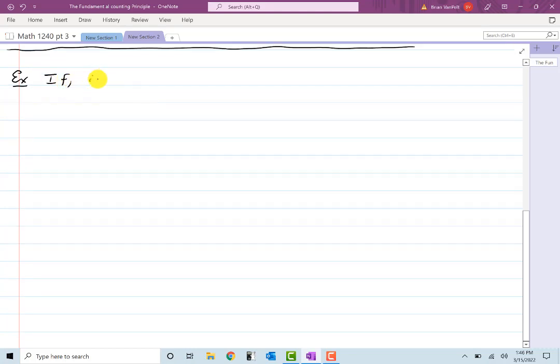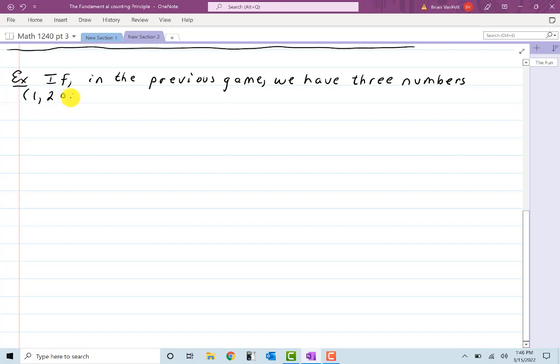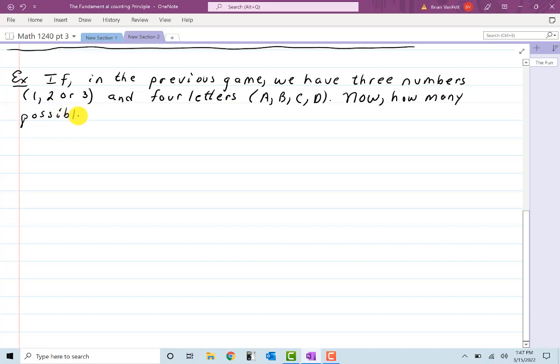If in the previous game we have 3 numbers, so this time 1, 2, or 3, and 4 letters, A, B, C, and D. Now, how many possible outcomes are there?